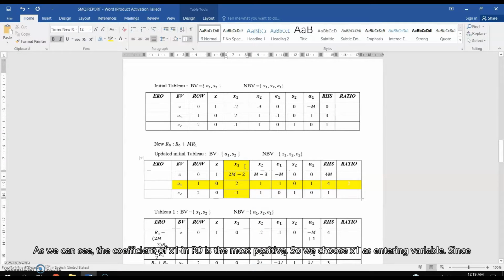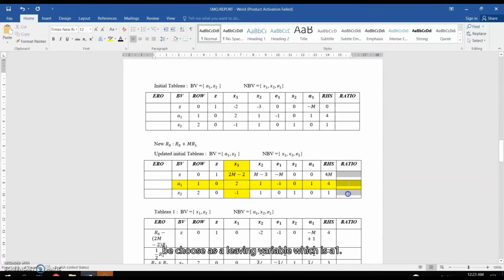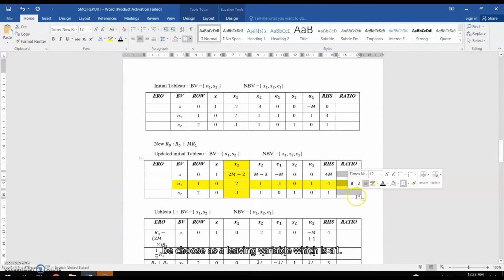So, we choose X1 as the entering variable. Since we have an entering variable, we use a ratio test. The basic variable with the smallest non-negative ratio will be chosen as the leaving variable, which is A1.